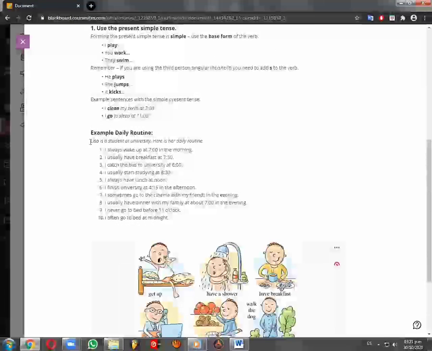So I read some examples that you can see in this part. For example, I always wake up at 7 in the morning, okay? Then I usually have breakfast at 7:30 a.m. Then I catch the bus to university at 8 a.m. and continue with the daily routine.